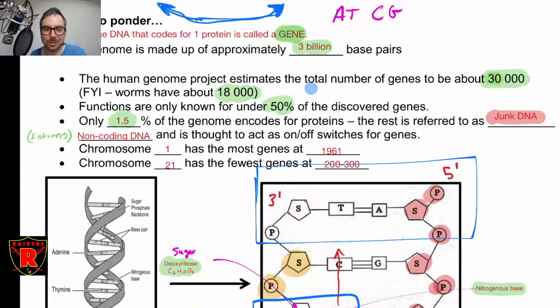When there's less expression, we see this. We don't know exactly what it does, but we have a general idea that it is involved in this kind of process or makes this kind of protein, not necessarily exactly what it makes or exactly what it does. So it's a little bit of a misnomer to say that we know the exact function for 50%.